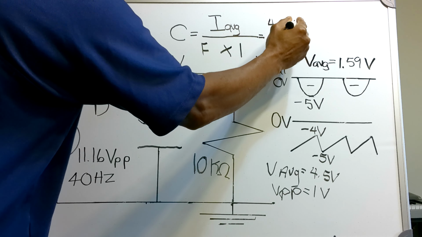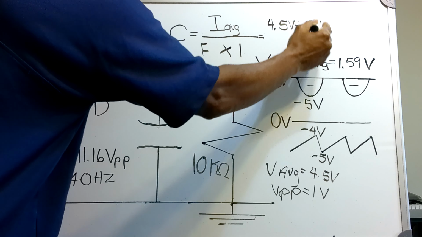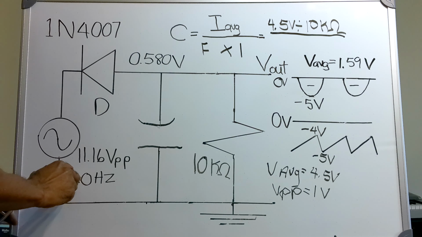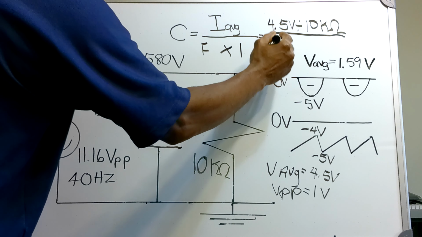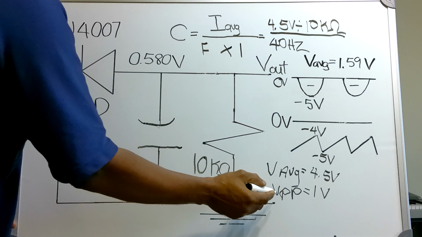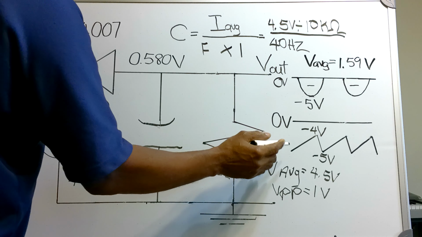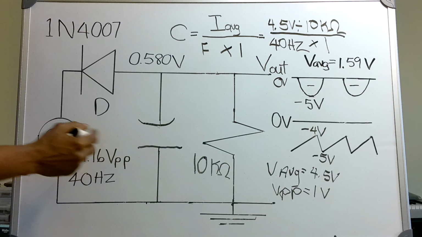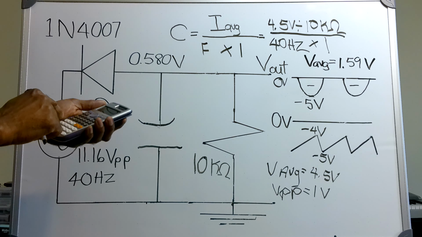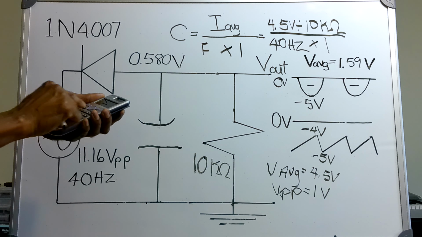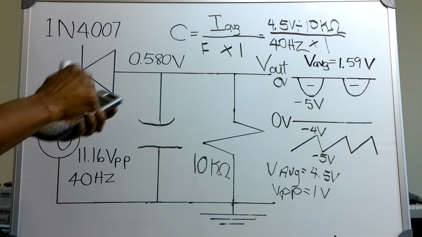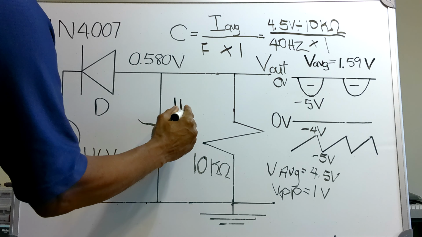So, 4.5 volts divided by 10K ohms, all divided by the frequency of 40 hertz times the peak to peak of this waveform of 1 volt, which would mean that the value of the capacitor is .11 microfarads.